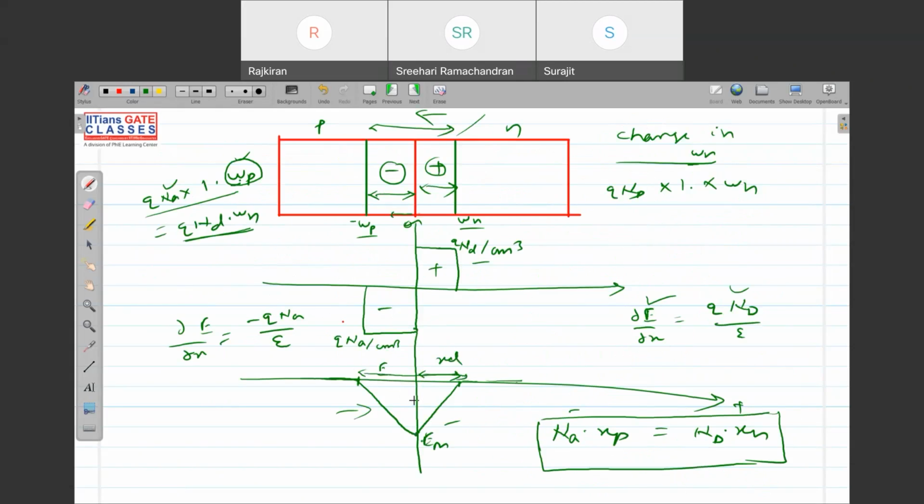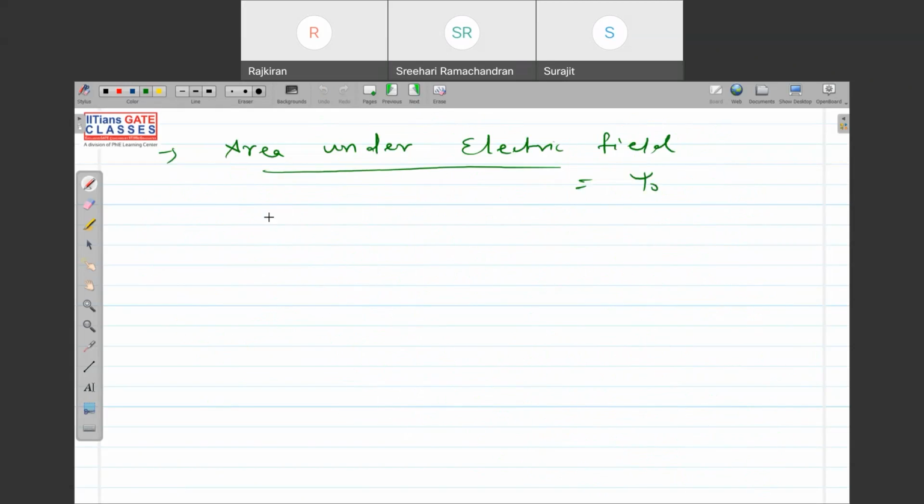The area of this is half into Em into xd, equal to psi 0. And we know this simplifies: psi 0 is equal to half Em into xd, where xd is nothing but xn on the n side plus xp on the p side.